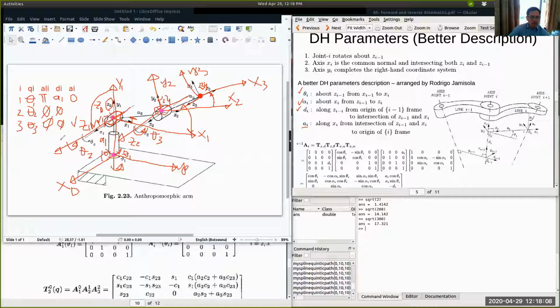This is Z1, and that is X2, and this is the intersection. From the intersection of Z1 and X2 to the origin of frame 2, from here to here along X2, that is the positive direction, and so it is A2.